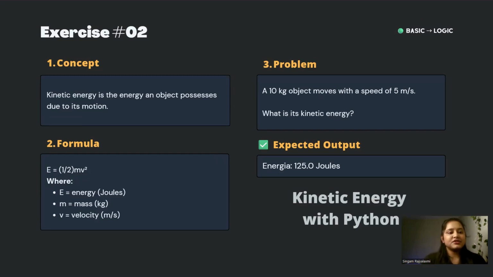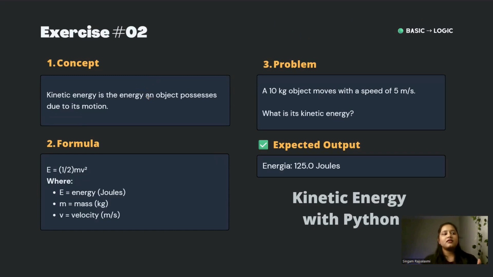So today's concept is all about kinetic energy. So we are going to calculate the energy. Before understanding the problem, we have to understand what exactly the kinetic energy is. So people who love physics, I guess you're here and you're really enjoying this video. So the kinetic energy is basically the energy an object possesses due to its motion.